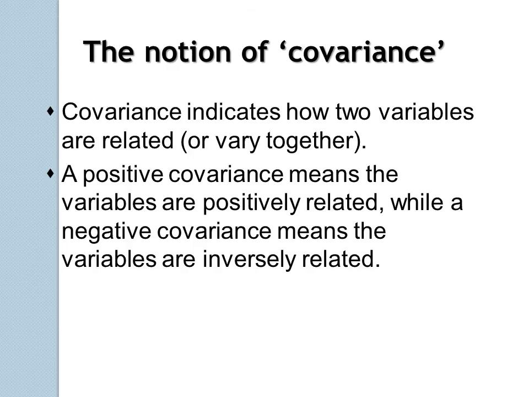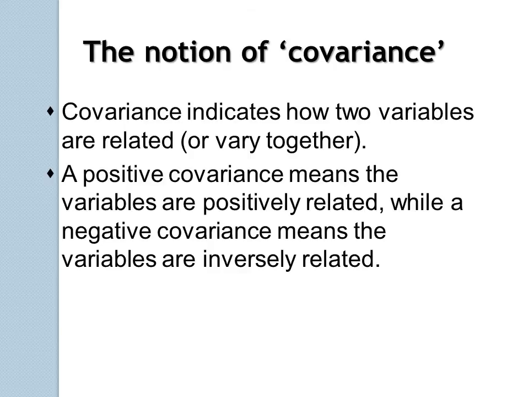So what in the world is covariance? Now covariance refers to how the two variables are varying or changing together. So in other words, as the one variable changes, how does the other variable change? Now positive covariance means that the variables are positively related.